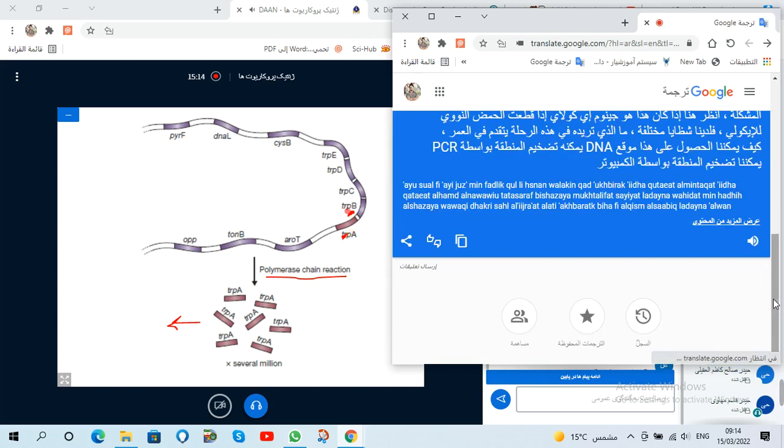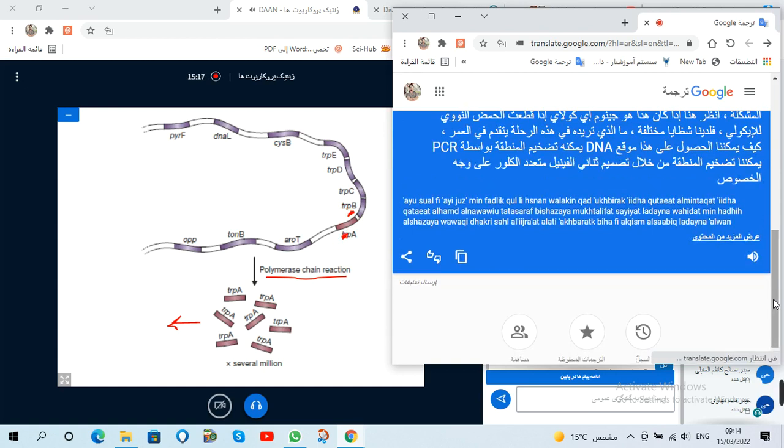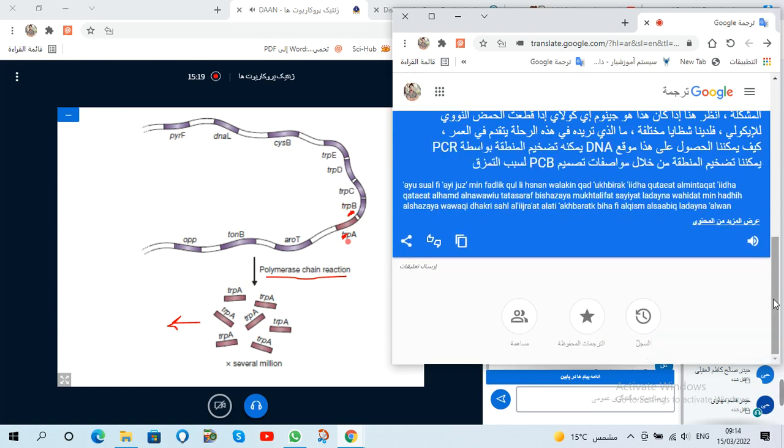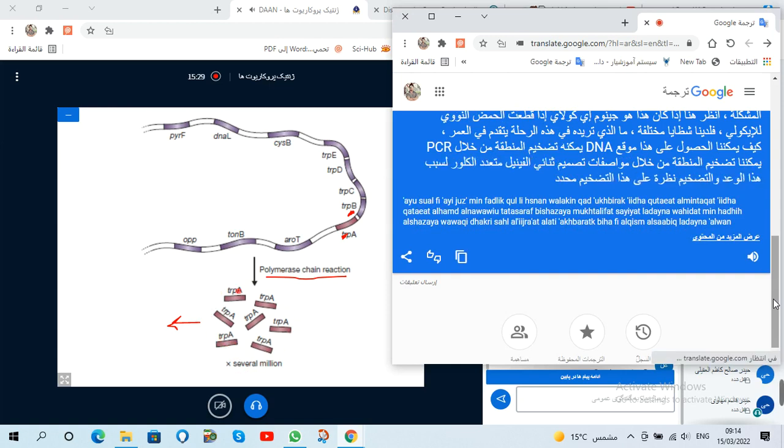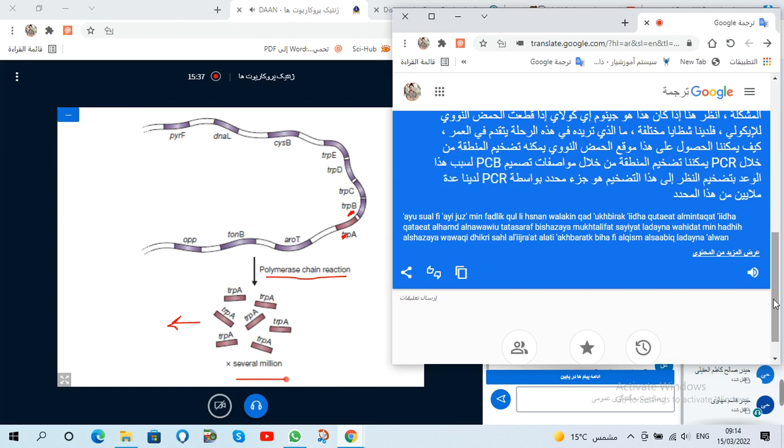We design specific forward and reverse primers. We amplify, look at this, we amplify this specific fragment. By PCR, we have several millions of this specific fragment.